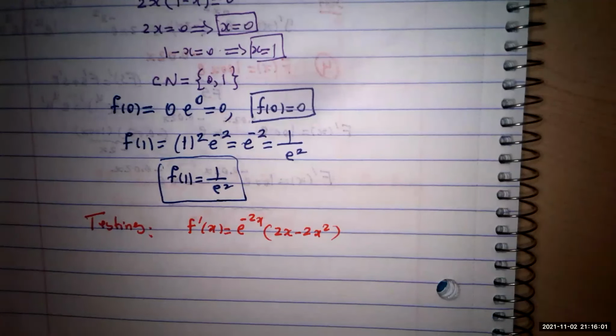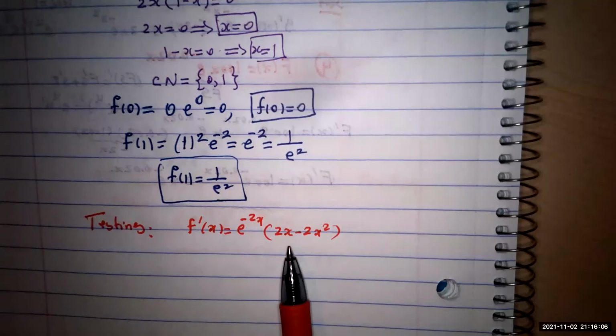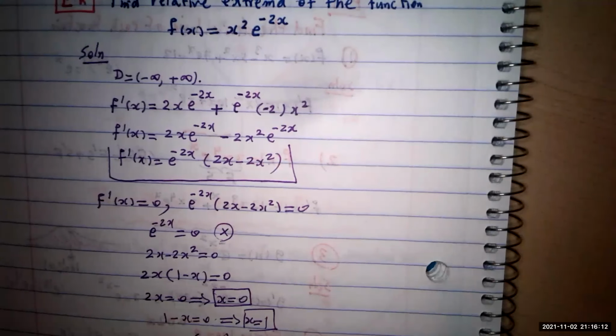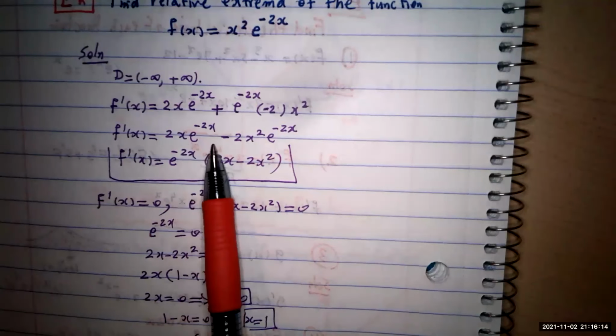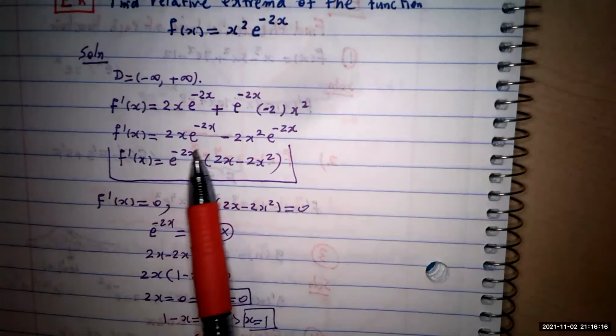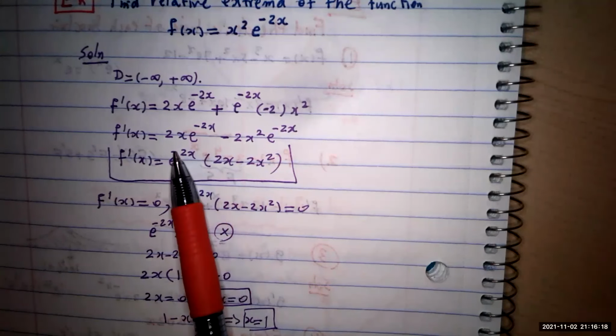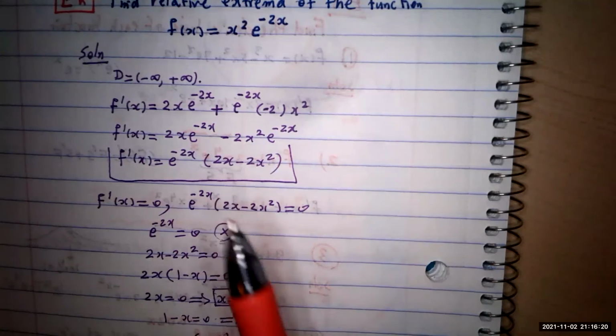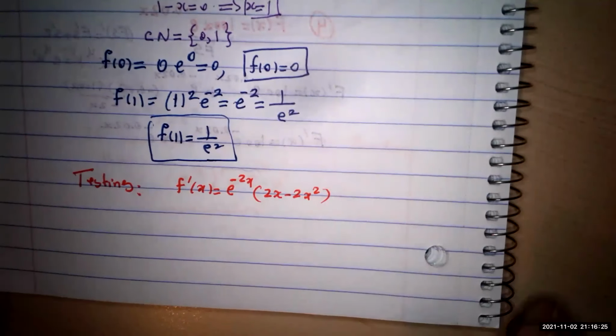It can be done. For the second one, you have to use the product rule here: derivative of the first times the second, plus the first times the derivative of the second. But it takes time, because when you do it, you then have to substitute the 0 and 1. No. My suggestion is the first for this one.